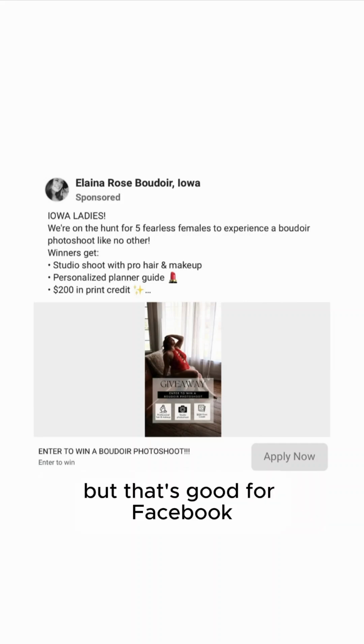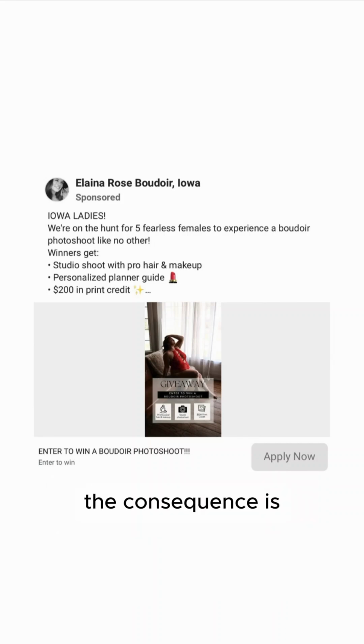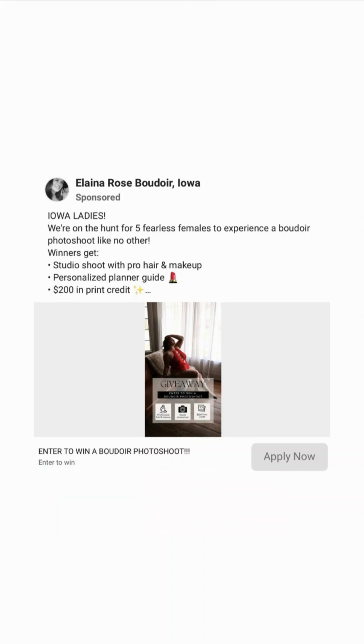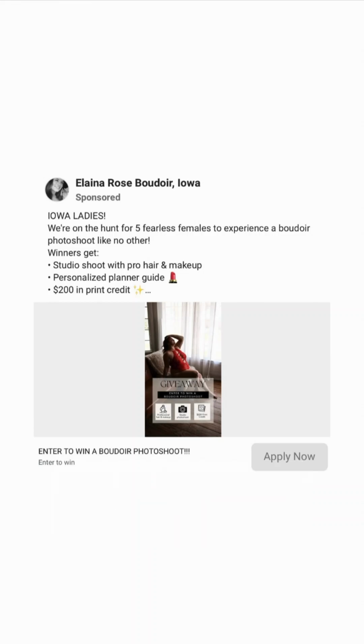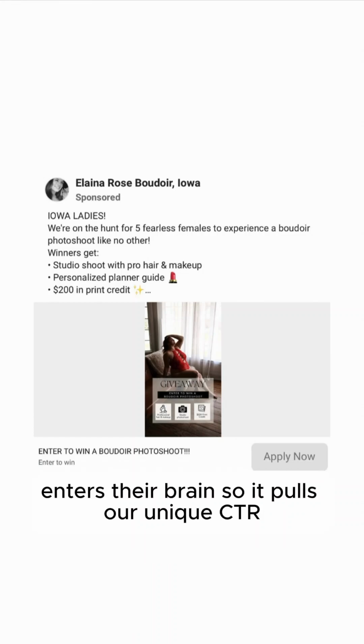But that's good for Facebook. It's bad for us. It causes way more women to scroll by our Boudoir Facebook ad than necessary. We literally waste serving up those impressions because the women just scroll by, our ad never enters their brain.